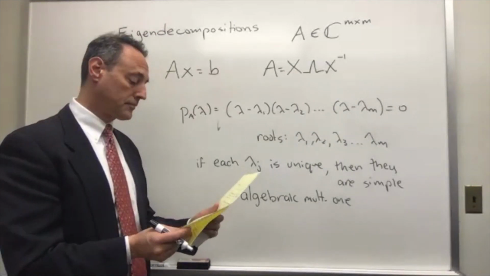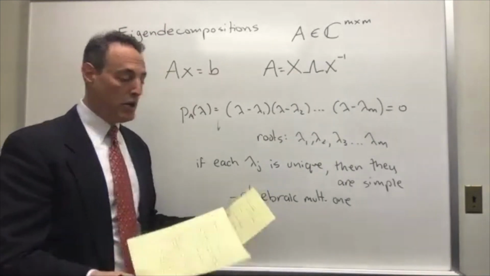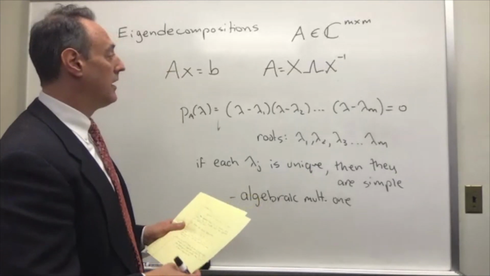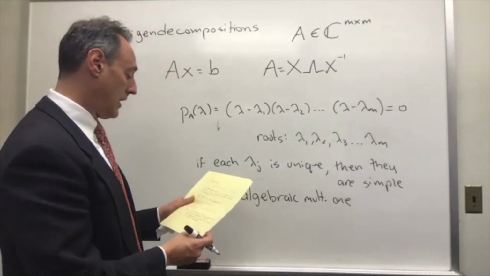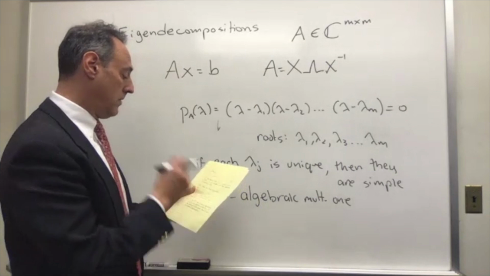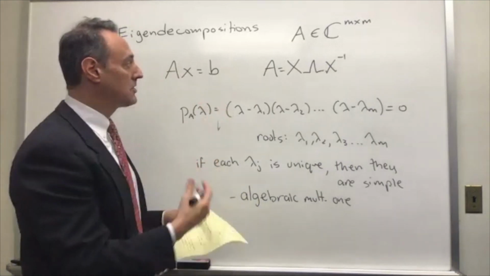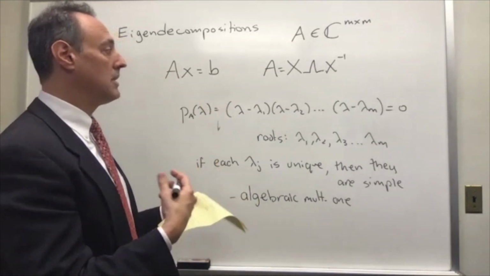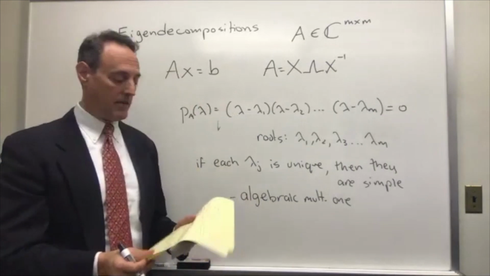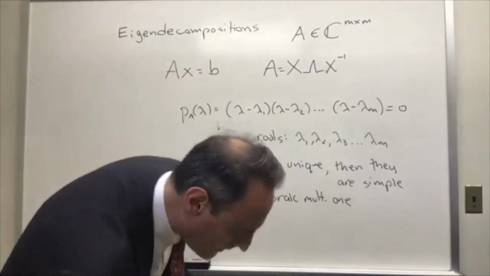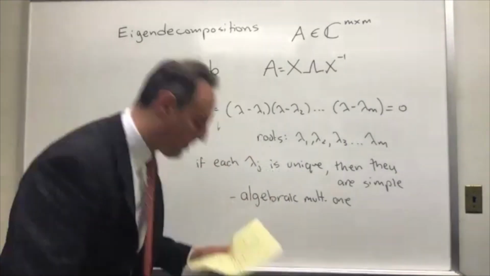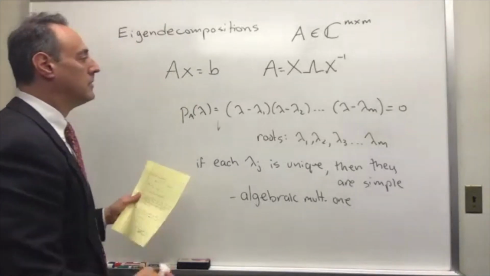All right. But generically, if A has m distinct eigenvalues, that means all of them are simple eigenvalues. Okay, we'll come back to that idea in a minute. But this is it.